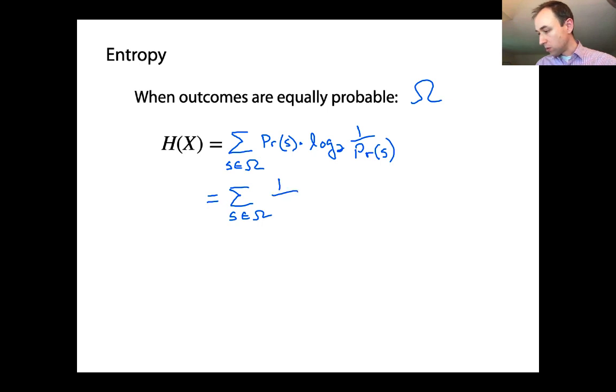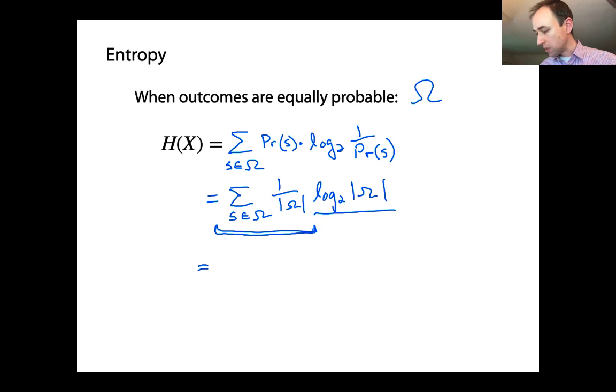So this is 1 over size of Omega times log base 2 of 1 over size of Omega, so that's just size of Omega. And then we're in the same situation we were in when we were adding up all the 1/6 for the fair die roll. This sum now basically just turns into this part here.